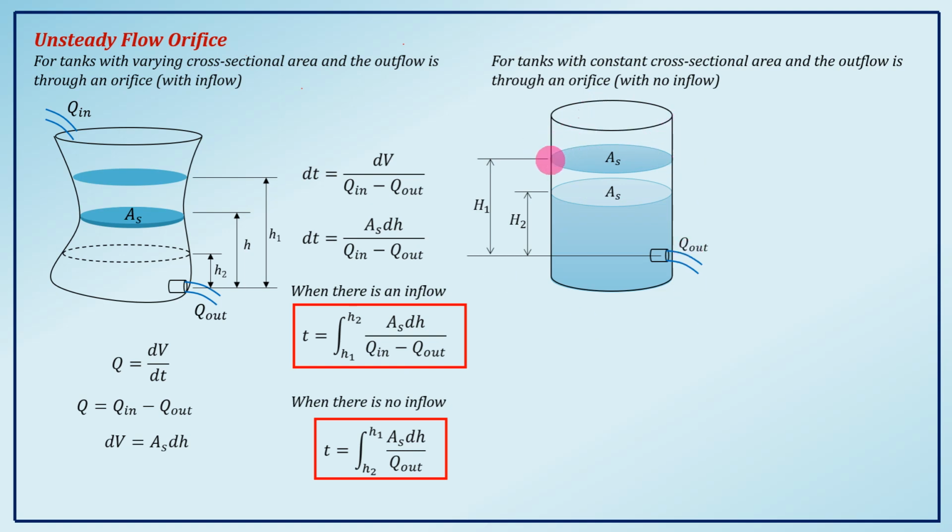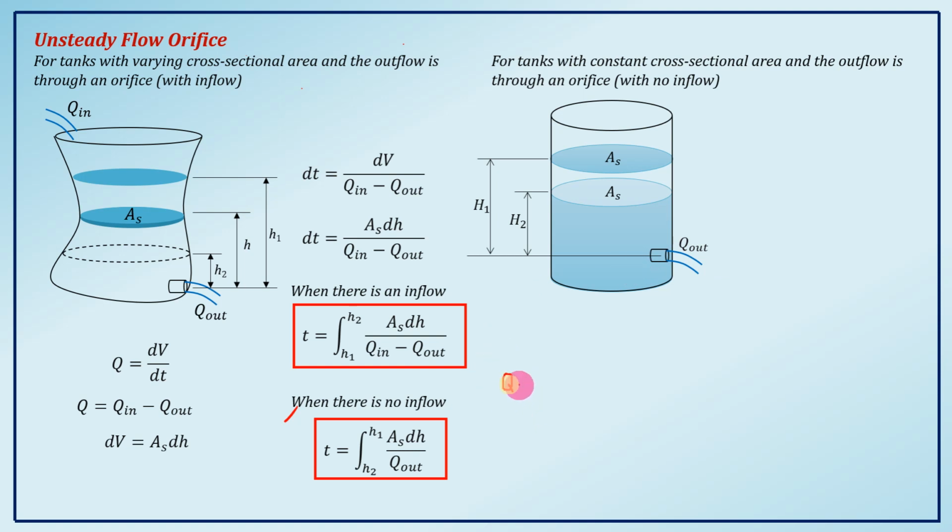At different points, initially at this head, then as it goes down, the area AS is still the same. Since it is constant, we can use the equation for no inflow for the derivation, and cancel out the integral sign because the cross-section is constant.